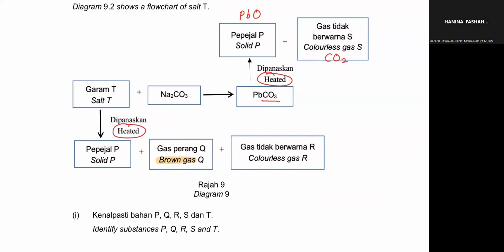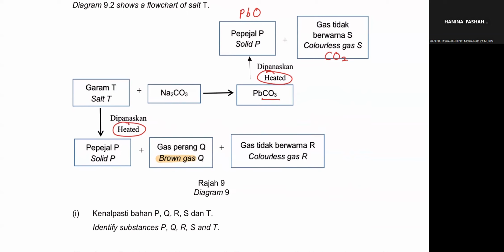Two types of gas come out. Heating has two types: one is carbonate, one is nitrate. So basically this one is brown gas. You have to immediately know brown gas. Not that one, that one is different.